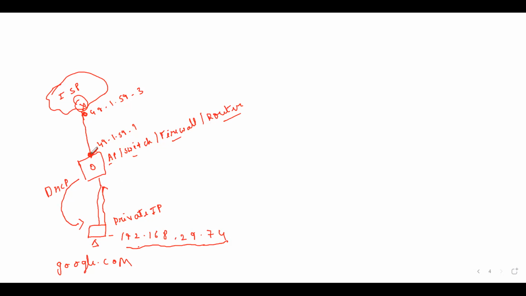So at this point, they are using NAT. My private IP is converting here into this IP. Then it is communicating to the ISP, then the ISP communicates to the internet.